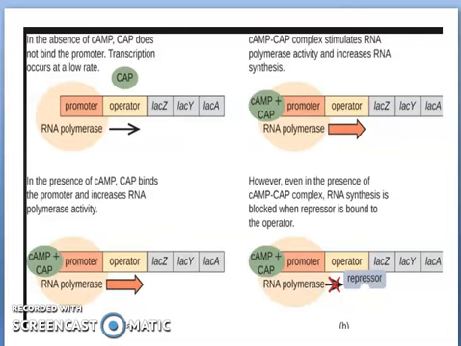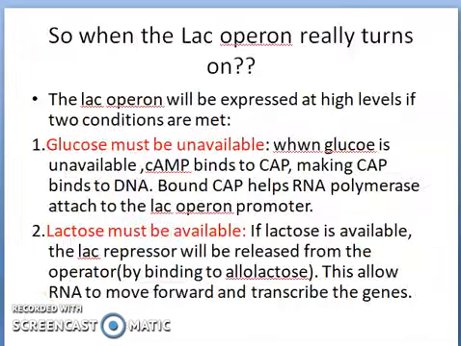Now we will see some other slides. When will the lac operon turn on? In this point C, the lac operon will be expressed at a high level in two conditions: when glucose is unavailable and lactose is available. When glucose is unavailable, cAMP will bind to CAP, making CAP bind to DNA, which we have discussed earlier.